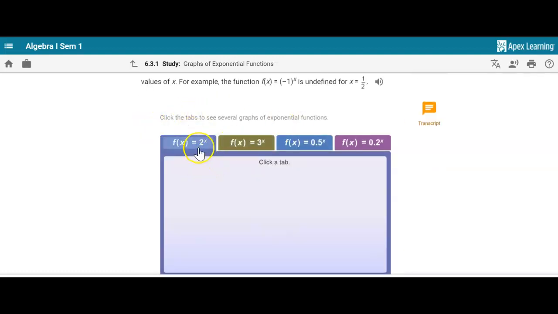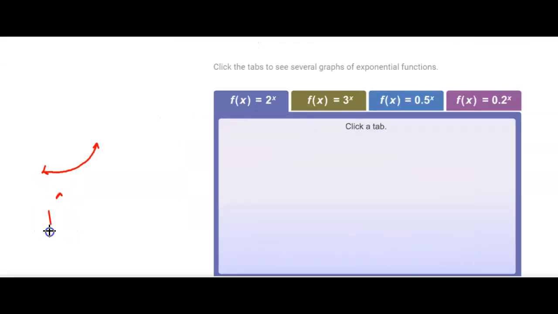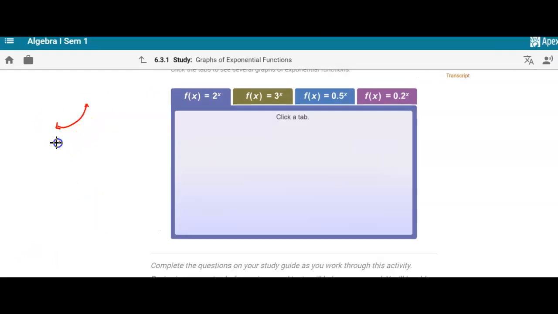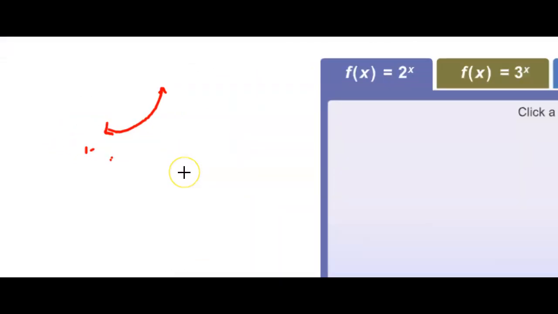If I look at f of x equals 2 to the x, I want you to determine whether these functions will be increasing or decreasing from left to right.